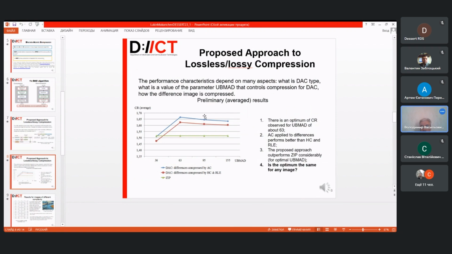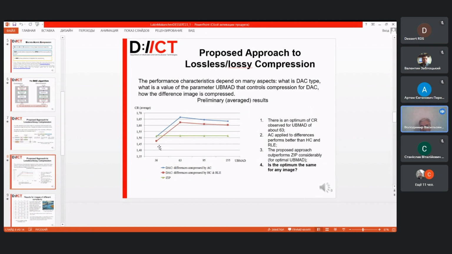And for this case, we have earlier considered compression results for a large database of fractal images provided by the European Space Agency, and the following results have been obtained.